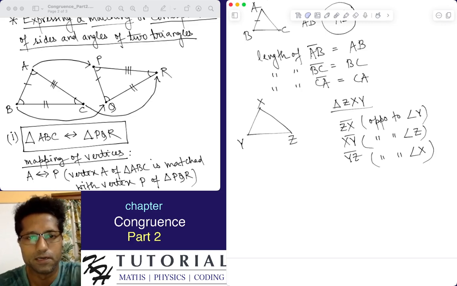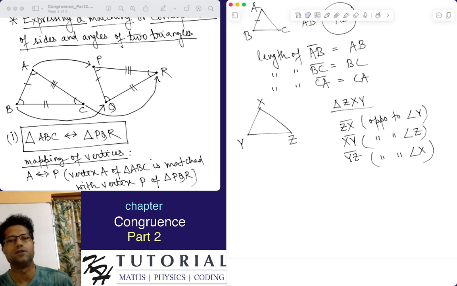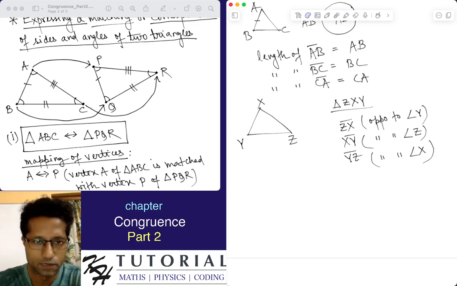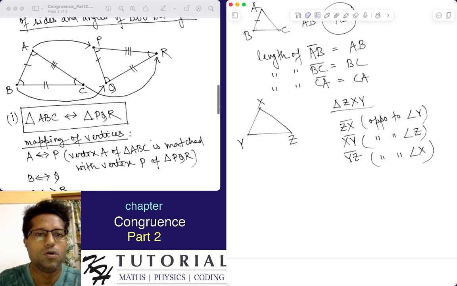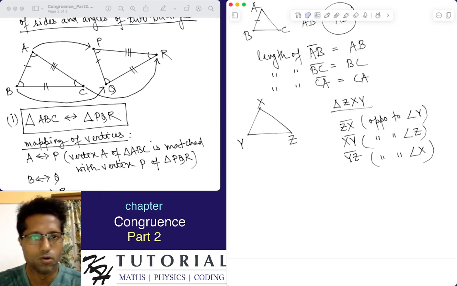Similarly, to which vertex of triangle PQR I will match the vertex B, and similarly to which vertex in triangle PQR I will match the vertex C. As soon as all the vertices are matched, automatically the sides will also be matched. I hope you got the idea.